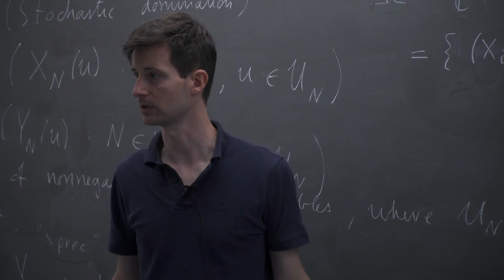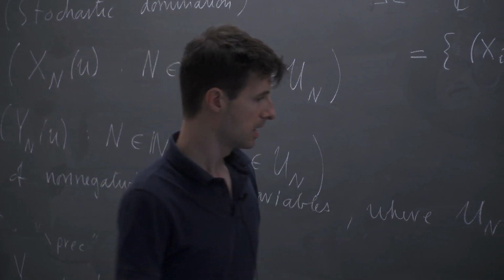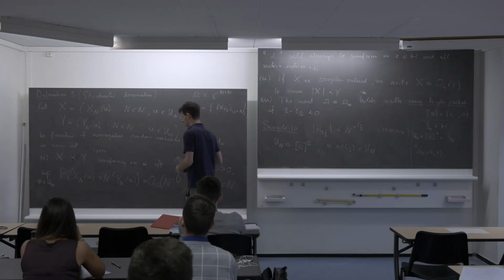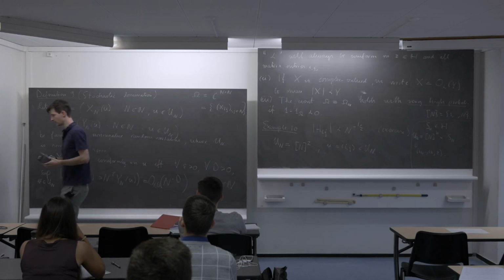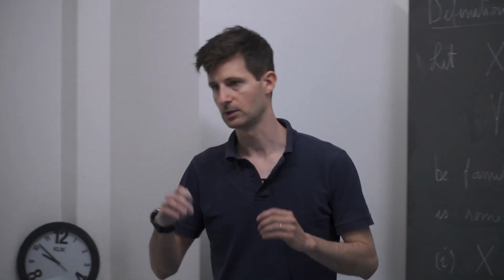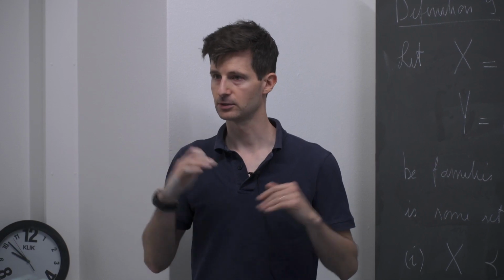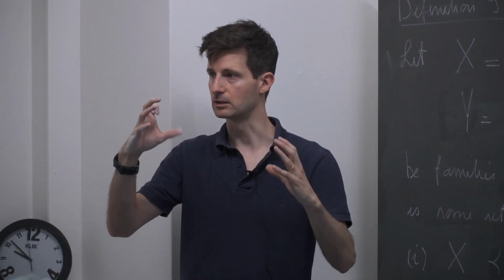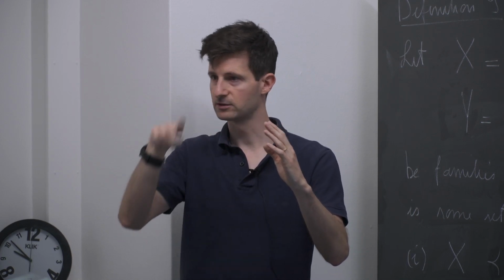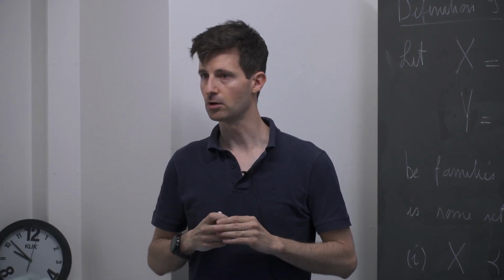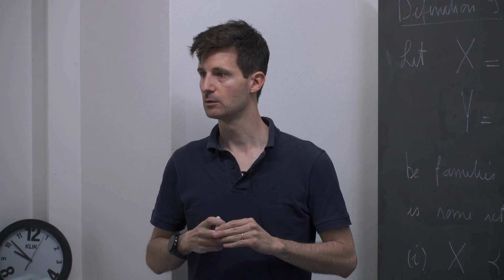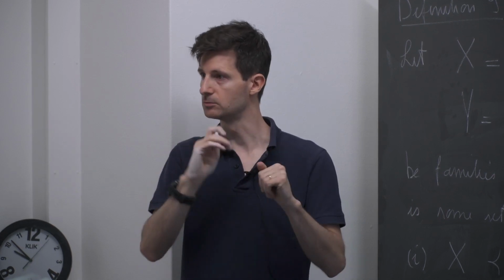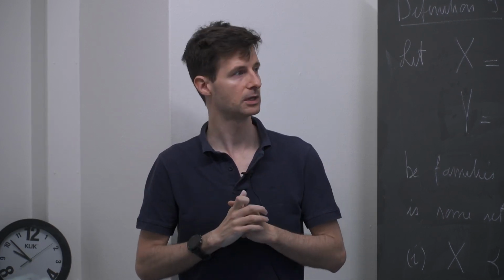This is something one can do, and one does. This is somehow a very, very artificial situation. Why? We have a sequence of matrices: a 2 by 2 matrix, a 3 by 3 matrix, a 4 by 4 matrix. Why should these be increasing? Why should the top left 2 by 2 block of the 3 by 3 matrix be the same as the 2 by 2 matrix? There's no reason why it should be the case.